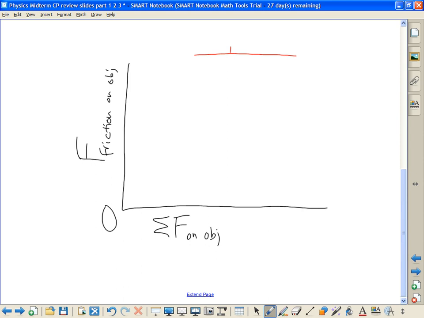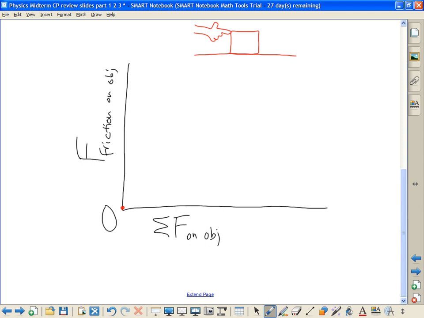Let's make a graph. Unbalanced force. And when the unbalanced force was 0, like on that waste paper basket right now, the force of friction was 0.